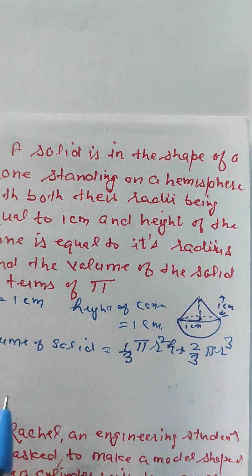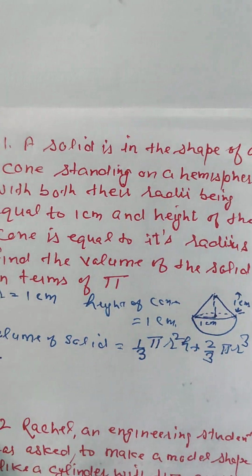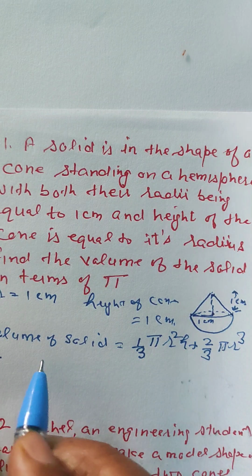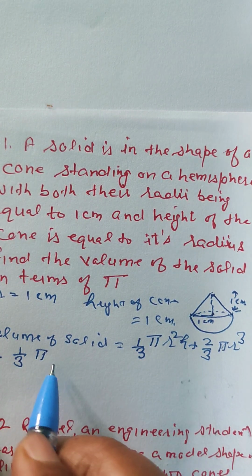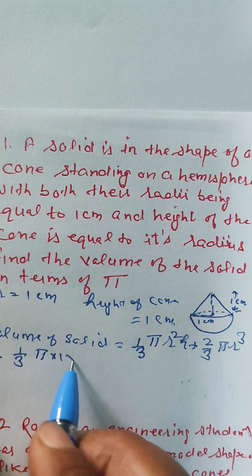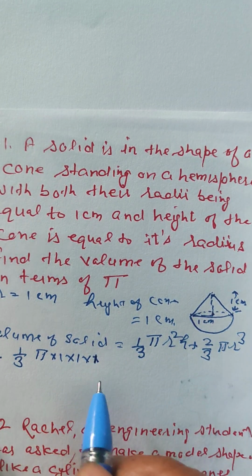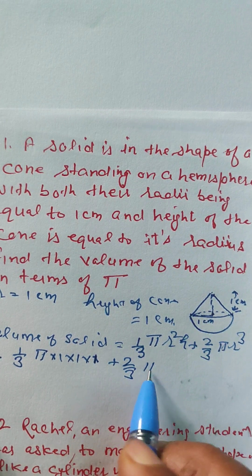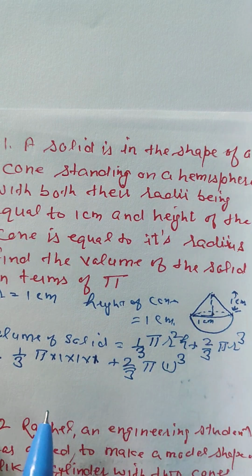That is equal to 1 over 3 pi, where r is 1 and h is 1, plus 2 by 3 pi r cube, meaning 1 cubed.